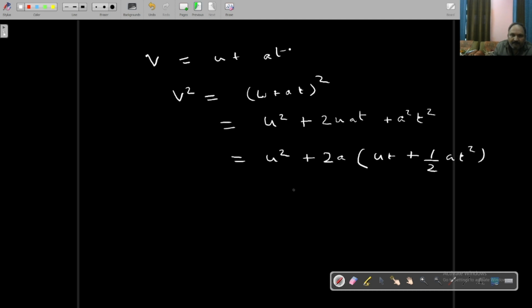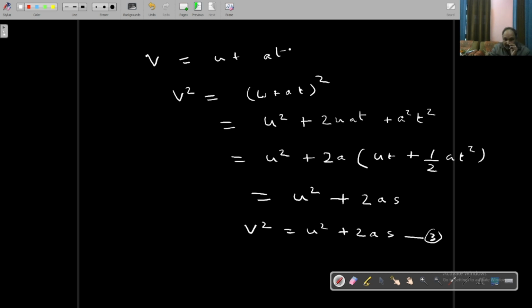Okay. Now from the second equation, this can be replaced as s, so v square is equal to u square plus 2as. This is the third equation, right? So we have deduced all the three equations of motion in a straight line, right?